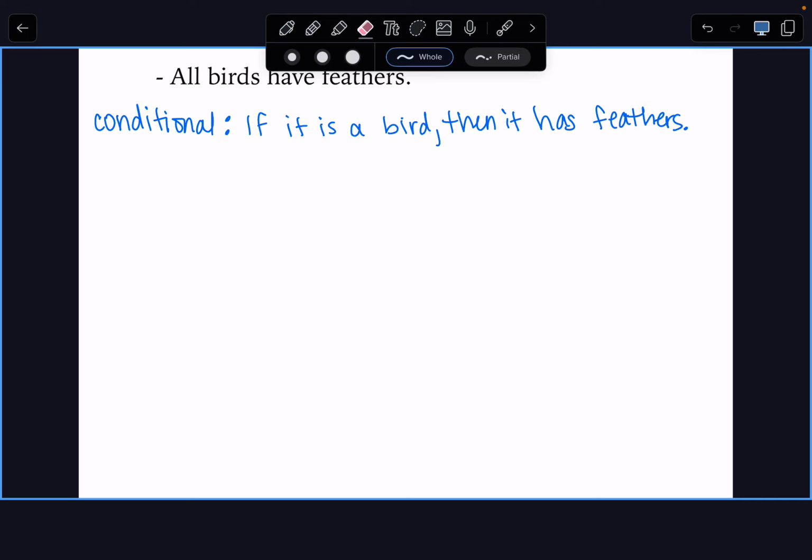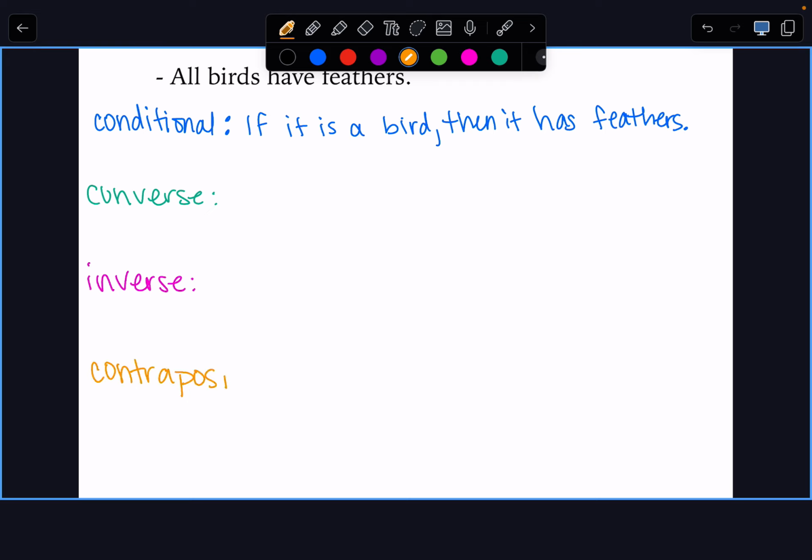So for the conditional, I want you to write the converse, the inverse, and the contrapositive. I'm totally cool with you joining forces at your table, either elbow partner or whole table.